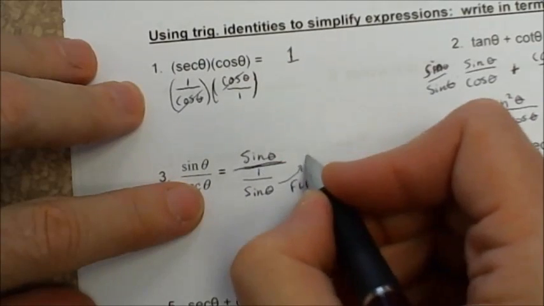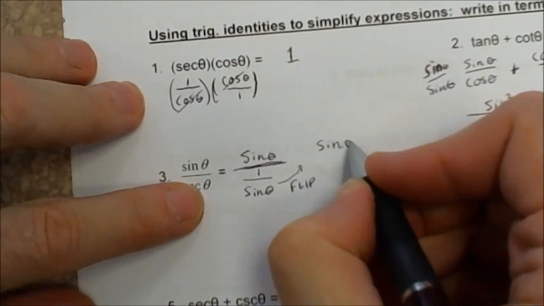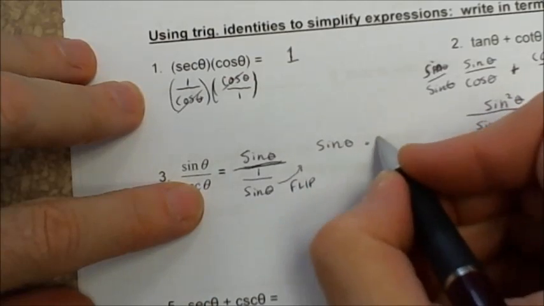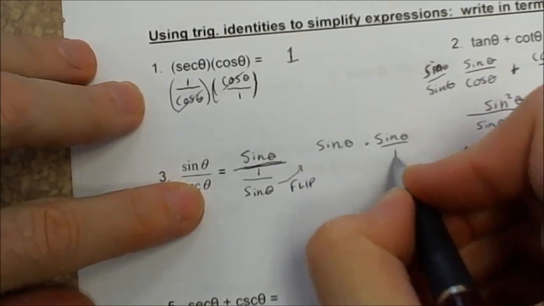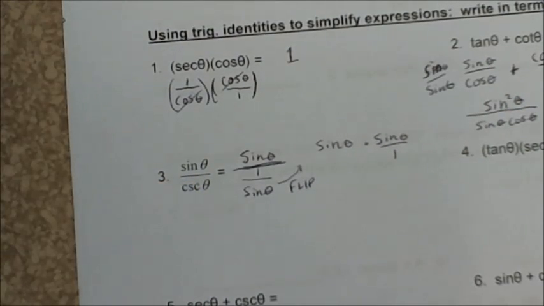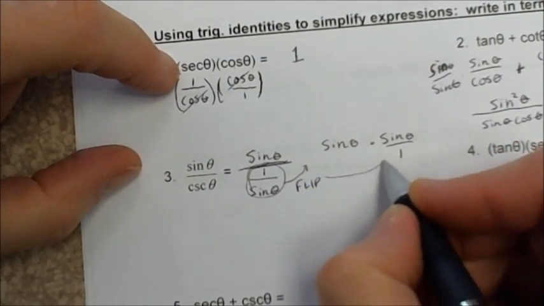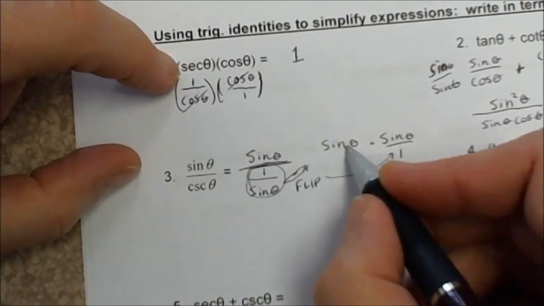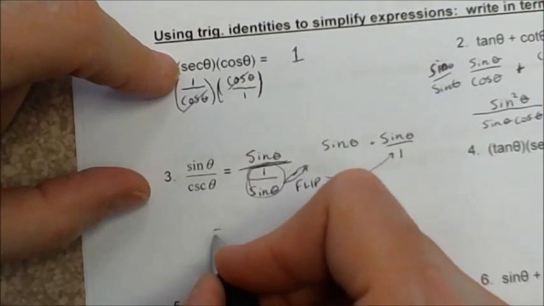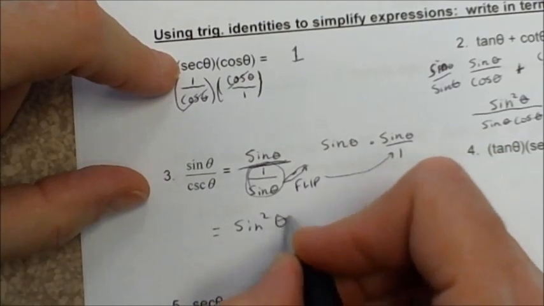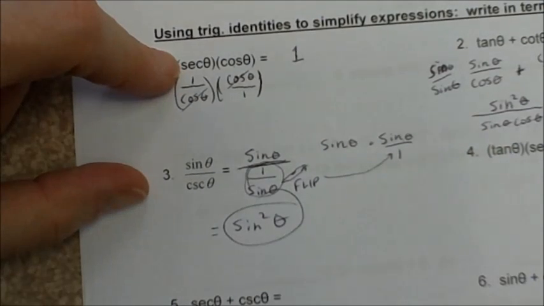So we have sine of theta times this upside down, which is sine of theta over 1. This guy is flipped and becomes that. Sine of theta times sine of theta is equal to sine squared of theta. So there's your final answer there.